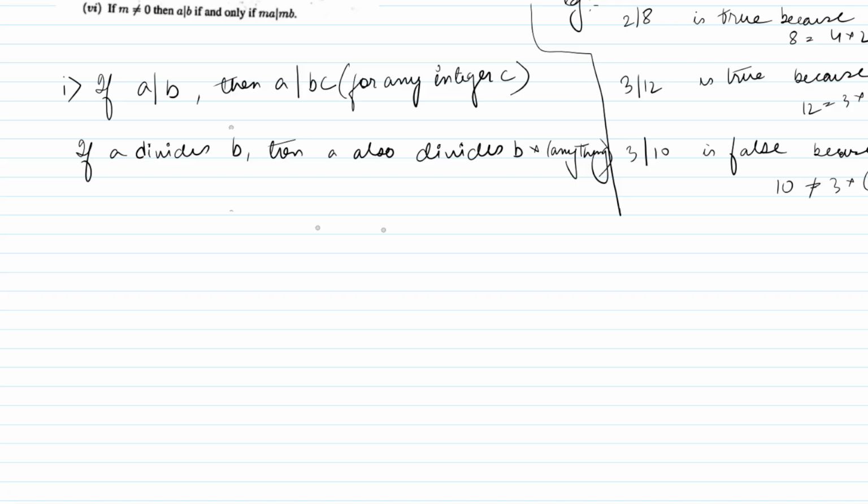Why is that true, and why should it be true? Because if A divides B, then we can write that B equals A multiplied by Q, where Q is any integer.